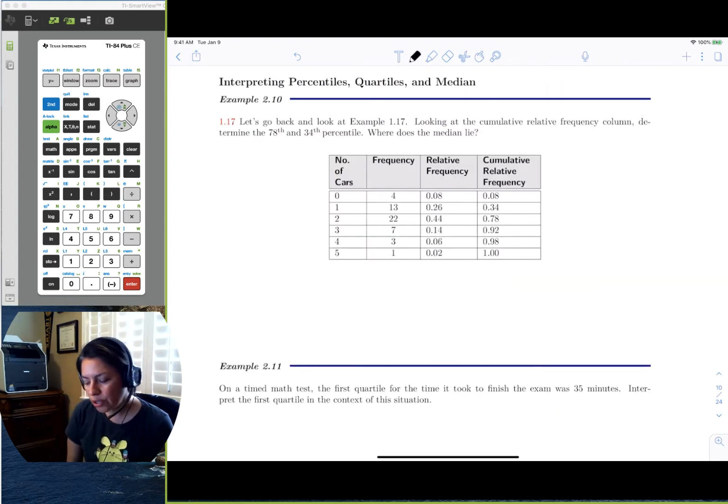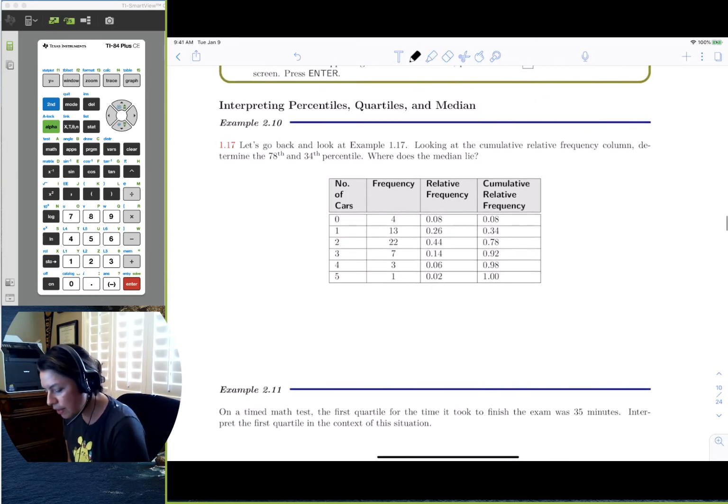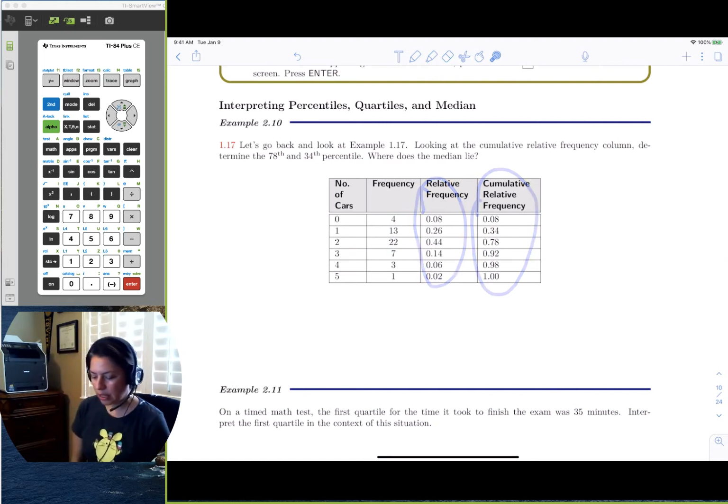Okay, so in order to determine percentiles, quartiles, and median, let's talk about relative frequency for a minute. Relative frequency is the proportion of the study that had a certain category or a certain frequency. When we found them, we found relative frequency and cumulative relative frequency, right?